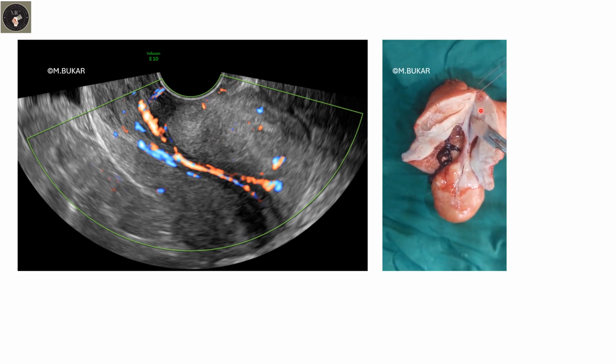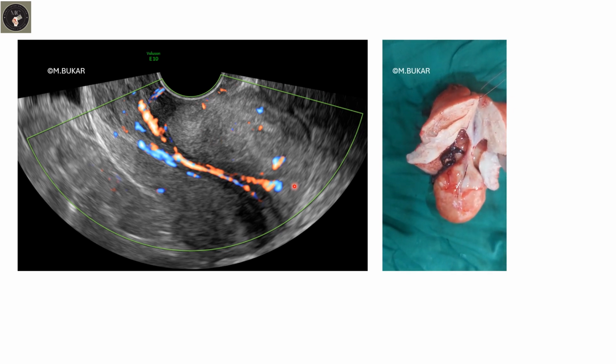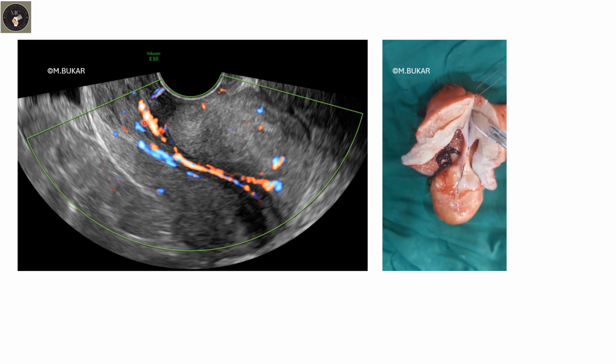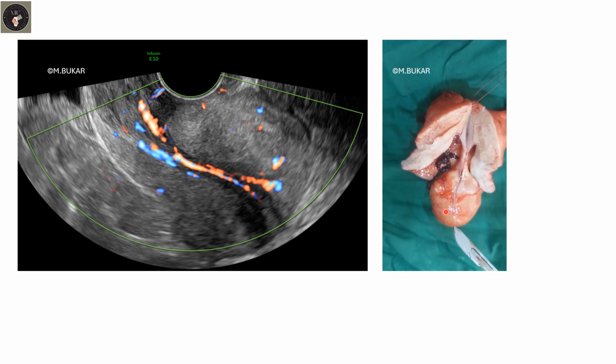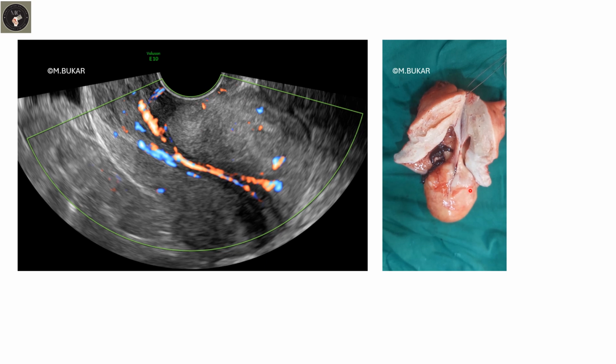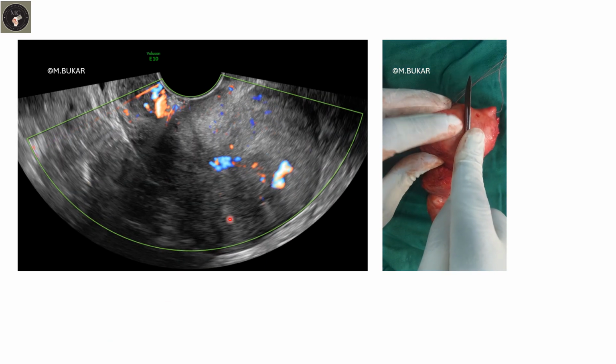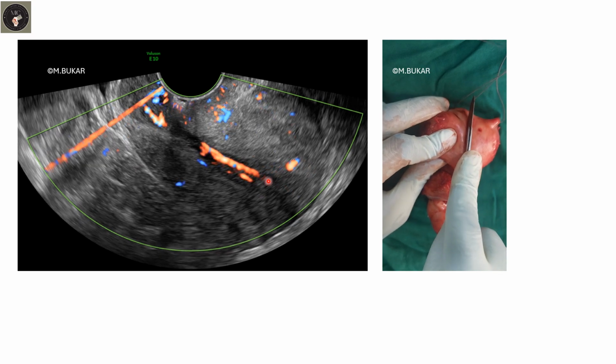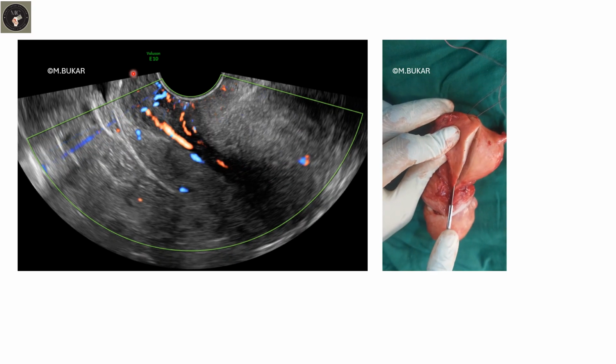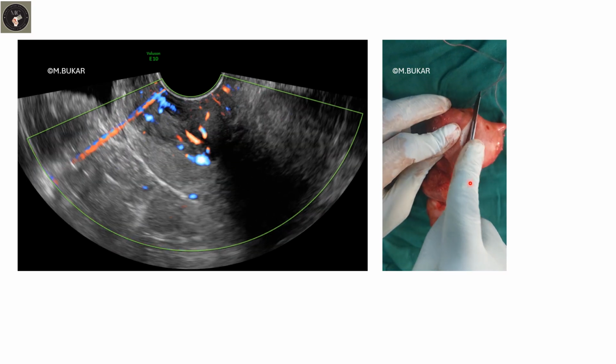So look at it. Origin from the posterior wall, origin from the posterior wall on this is actually a prolapse fibroid polyp. So compare this with this.